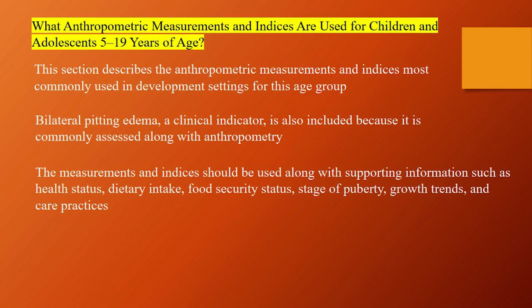So, what anthropometric measurements and indices are used for the children and adolescents of the age group of 5 to 19 years? Now, this section describes the anthropometric measurements or indices which are commonly used for this age group. What are those indices or measurements which we will have to look for to assess the problems?